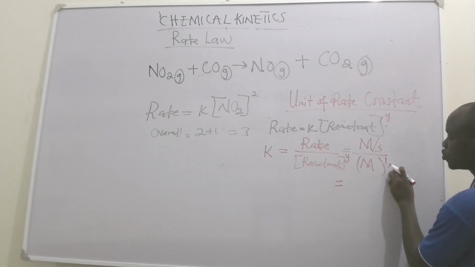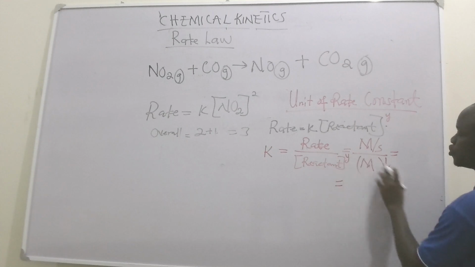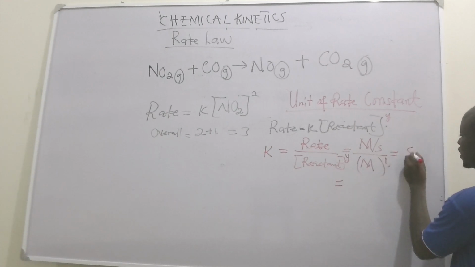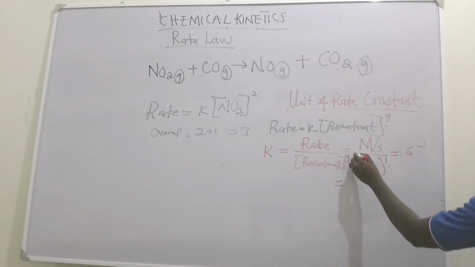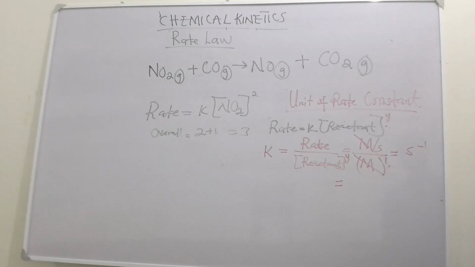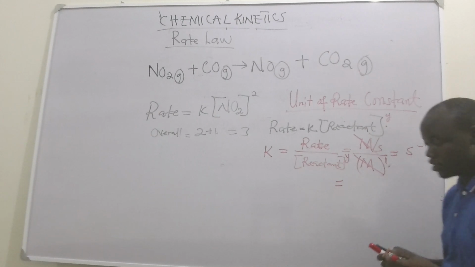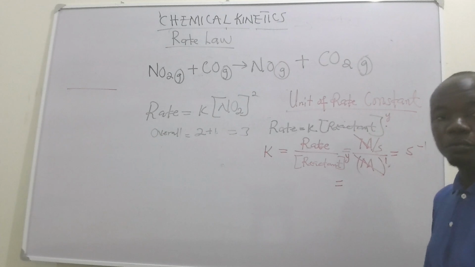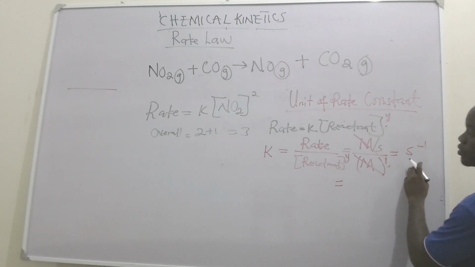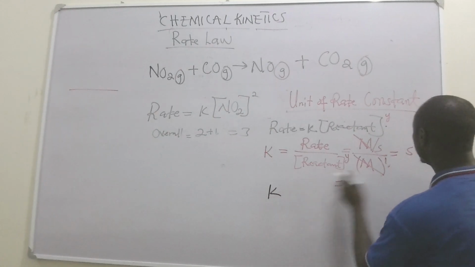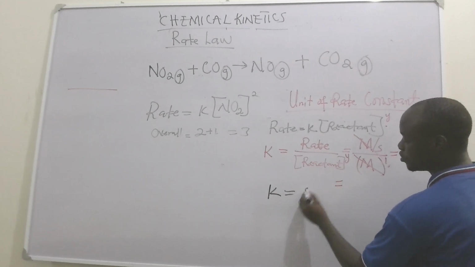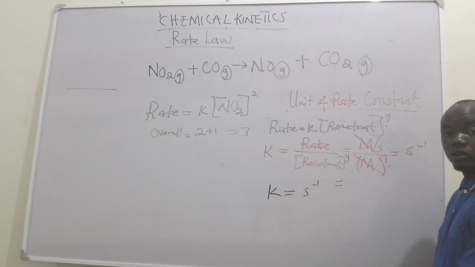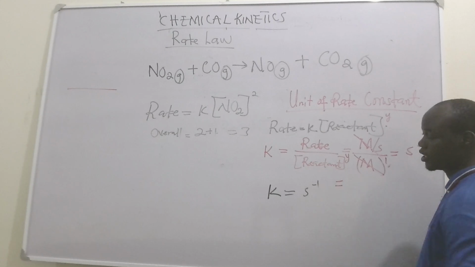So if the power of this is 1, then what is going to be the SI unit? It's going to be per second because this term will now cancel this term. So if it is first order, K is going to be per second.